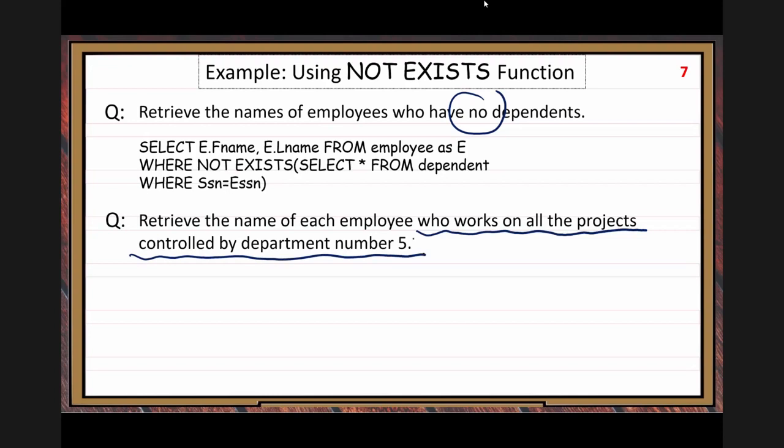Try to understand this requirement. You will see it is very hard to represent. The outer query is very easy: employee, its name, first name and last name. Then you get to the inner query.